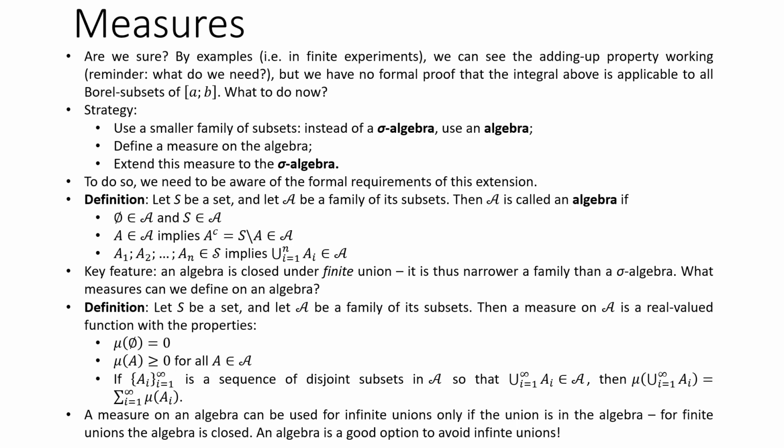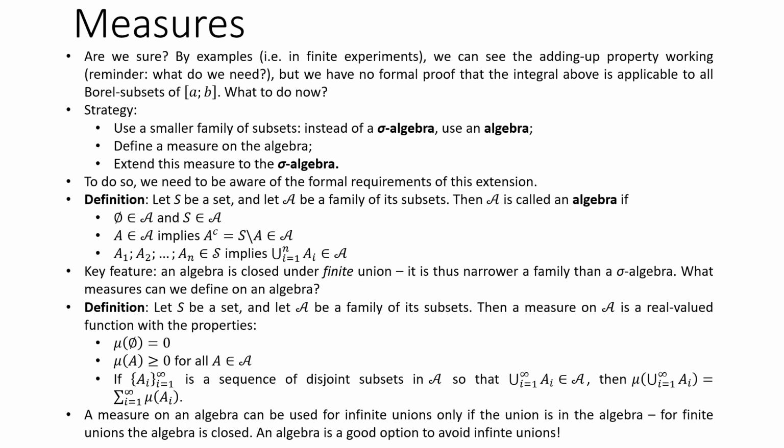So this is the reason why it was natural that the adding up property worked for measures defined on sigma algebras. But an algebra is not required to be closed under infinite unions.